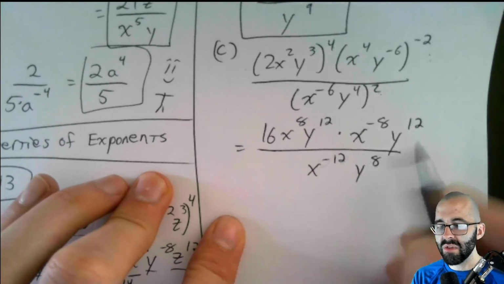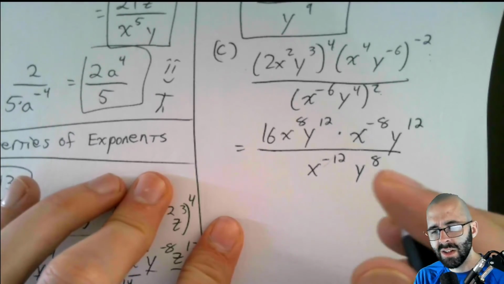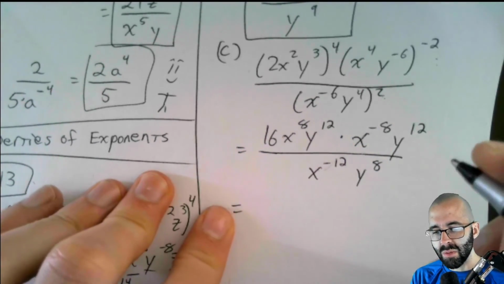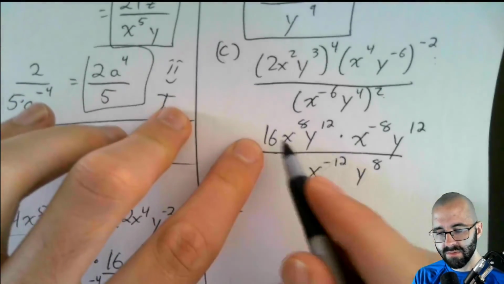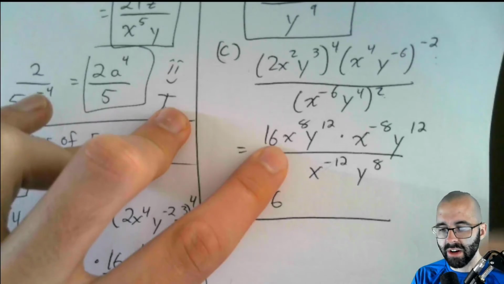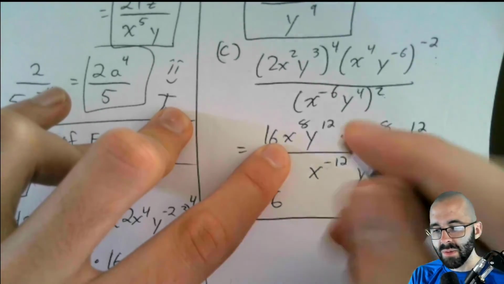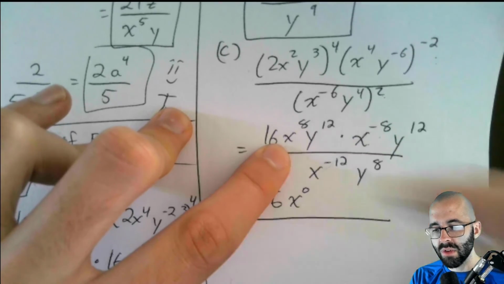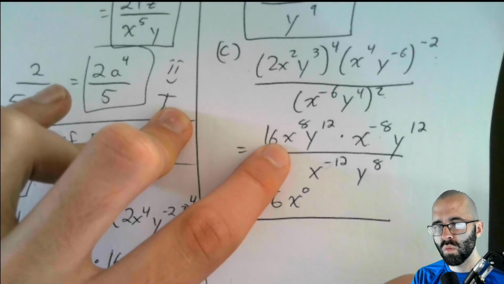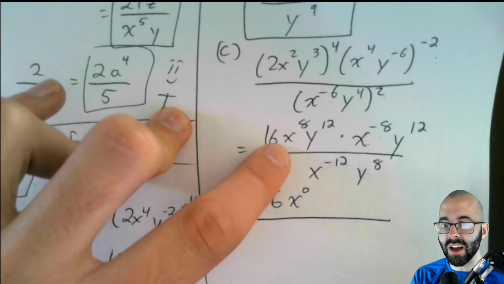Now let's simplify in the numerator. Again, there's a lot of order in which you can do these things. I'm going to simplify the numerator. 16 has nothing to interact with. There's no other numbers in the numerator. X to the 8, x to the negative 8, product rule. Let's add them together. That's x to the 0th. X to the 0th. Oh, we had a property for that.